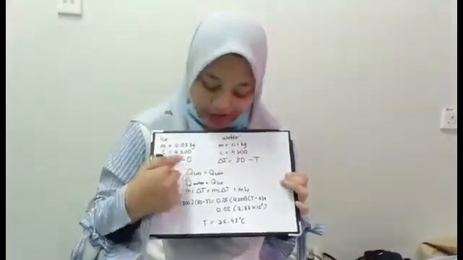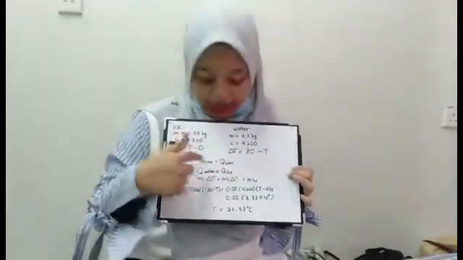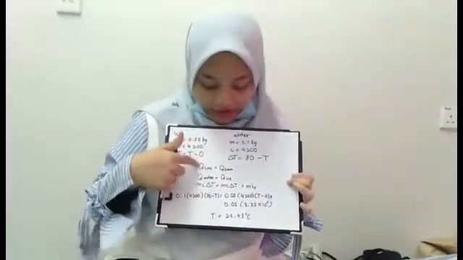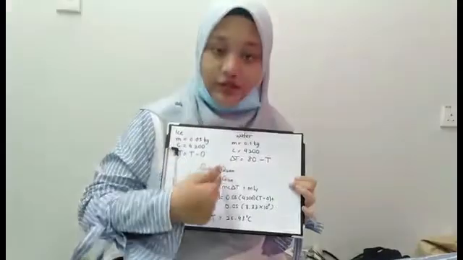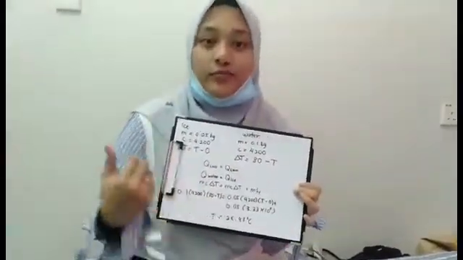Q loss is the water and Q gain is the ice, because the heat from the water is given to the ice so that the ice melts and both achieve equilibrium.